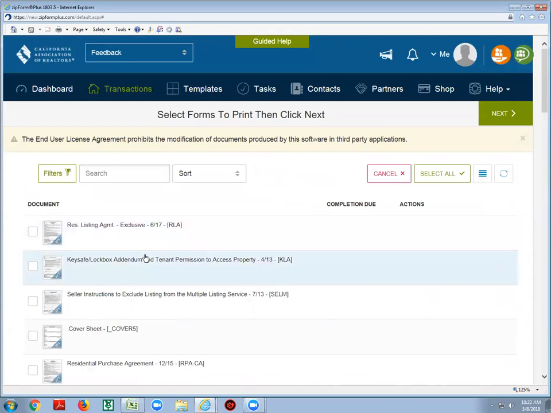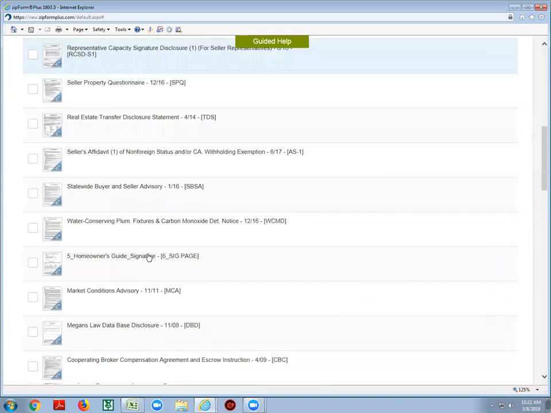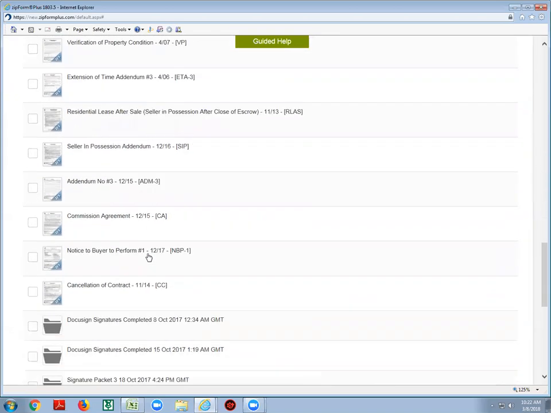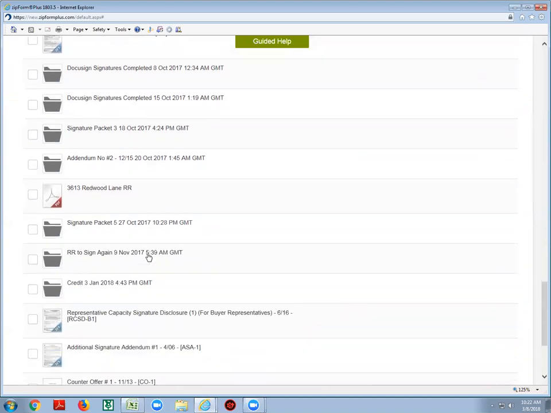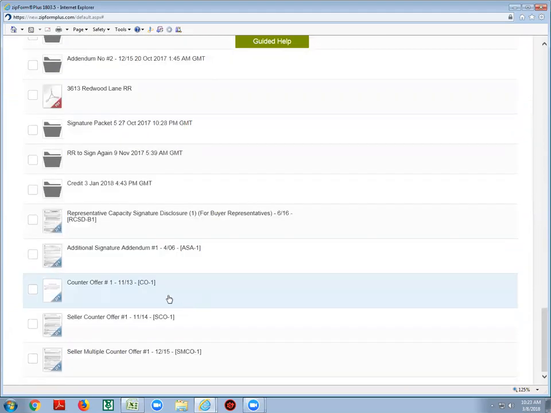Print. Let me see what to print. Counter offer, seller multiple counter.